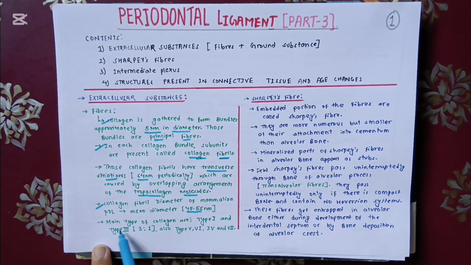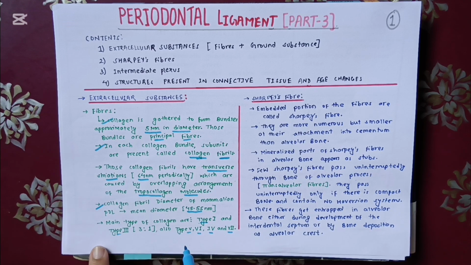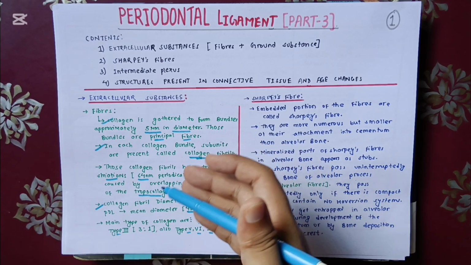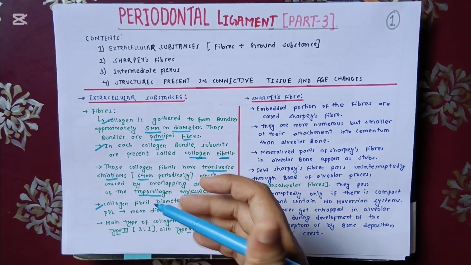Now the main types of collagen present in these principal fibers are type 1 collagen and type 3 collagen, and the ratio is 3:1. So type 1 collagen is more and type 3 collagen is less. After that there are also type 5, type 6, type 4, and type 7 collagens present in the principal fiber. I think you can remember all of this data.